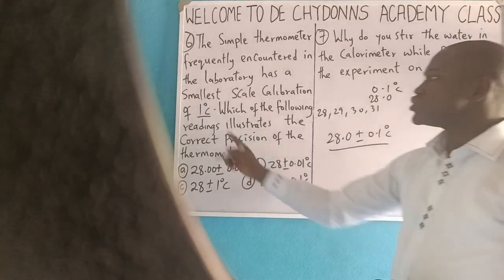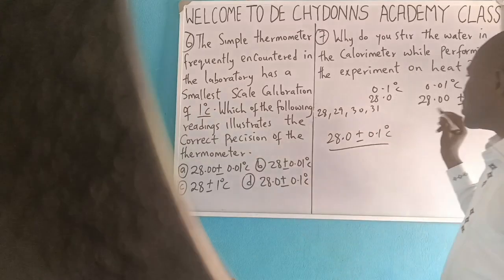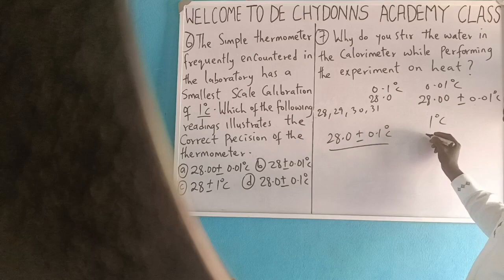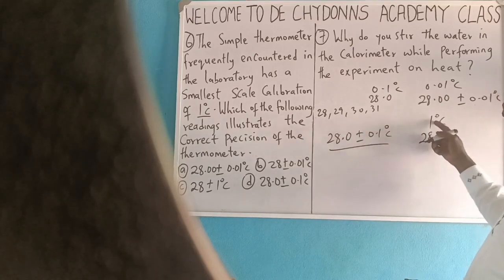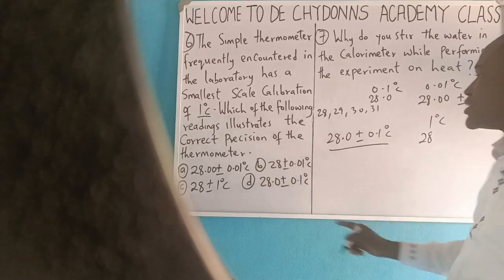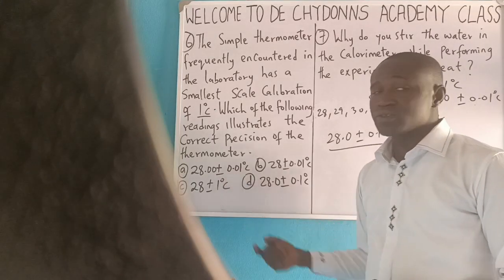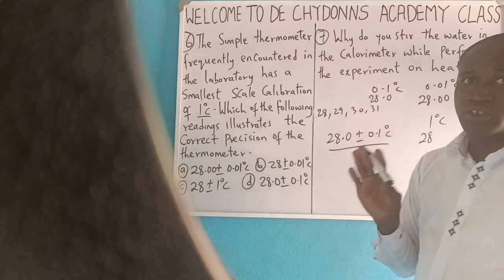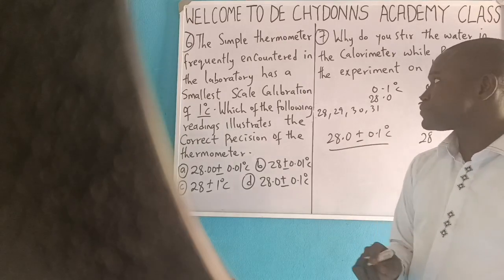But this one is 1, so it's like saying 1 degree Celsius. So this one does not have decimal. So 28 plus or minus 1 degree Celsius. I believe I explained it so that you understand it well, right?